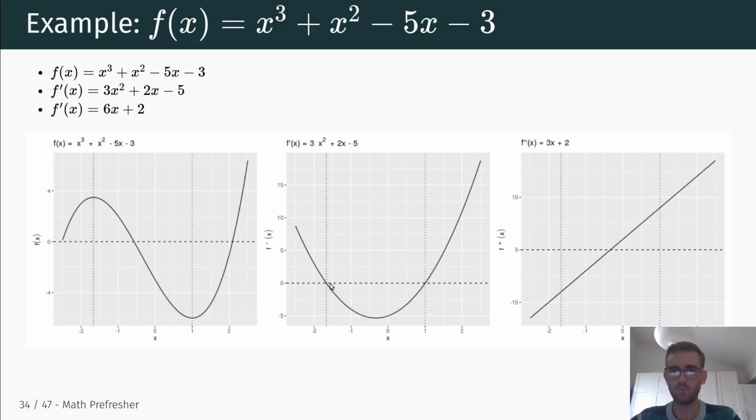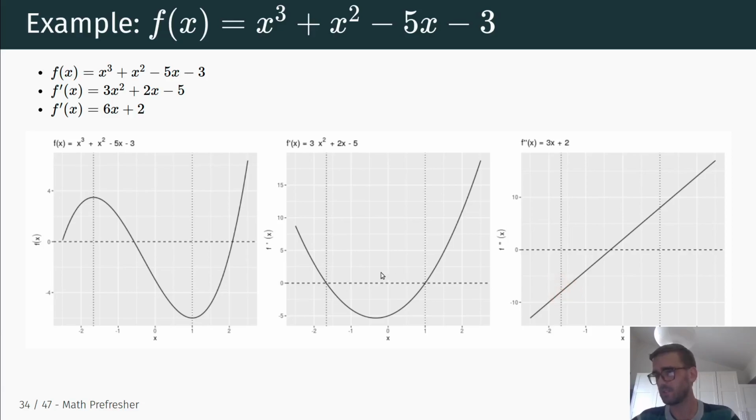Now, is this a local maximum or a local minimum? Of course, visually we can see, but we can also go through the logic, because we know at this specific point, if you look at the second derivative, 3x plus 2, that is plotted here, we see that the second derivative at x equal to minus 1 2/3 is negative.